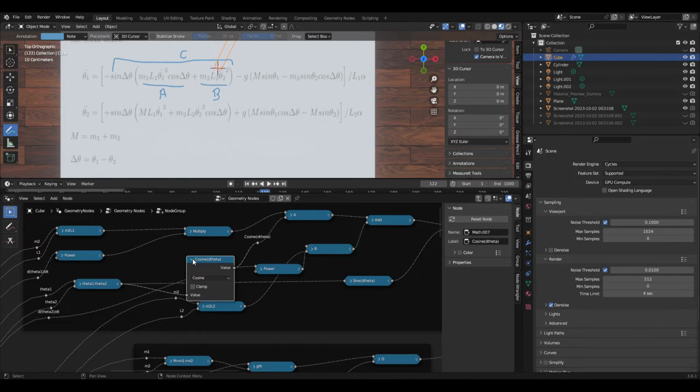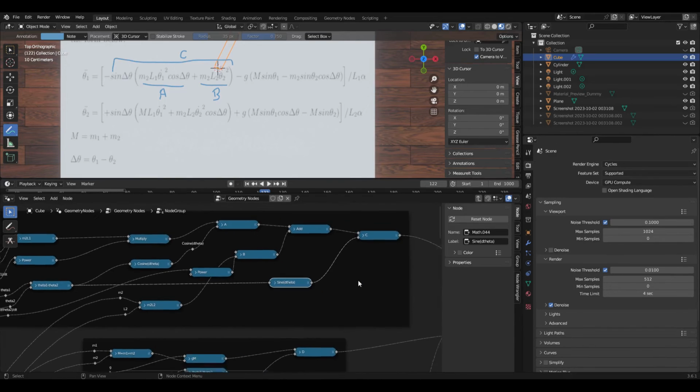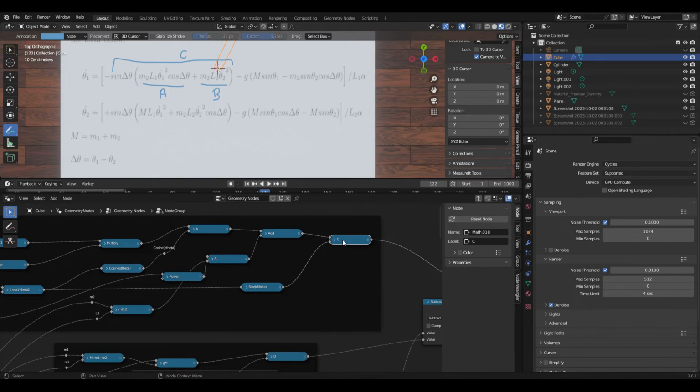Those two are being multiplied, and that goes to make A. So then you can see that m2 is multiplied by l2, which is multiplied by the second power of theta 2 dot. And so we can take those two and then add them and multiply by sine of delta theta, and that makes C.